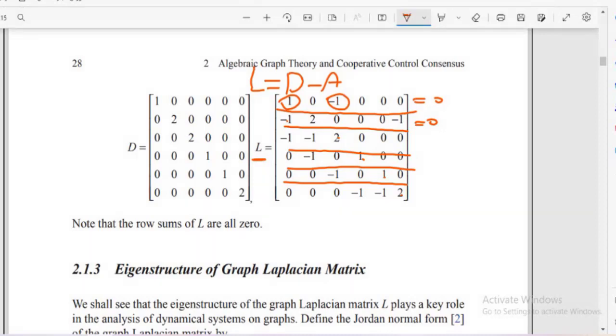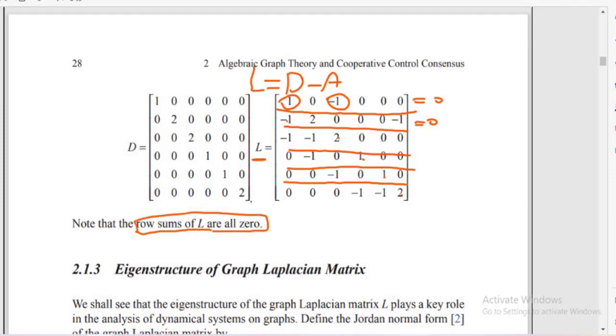The row sums of L are all 0. This is a very important property of the Laplacian matrix.